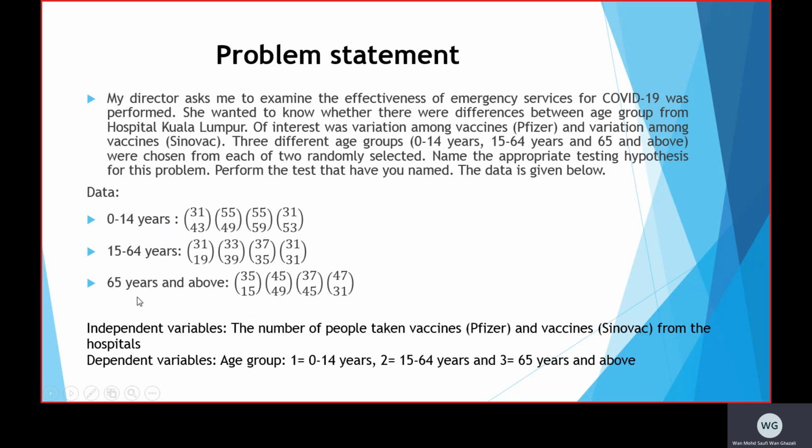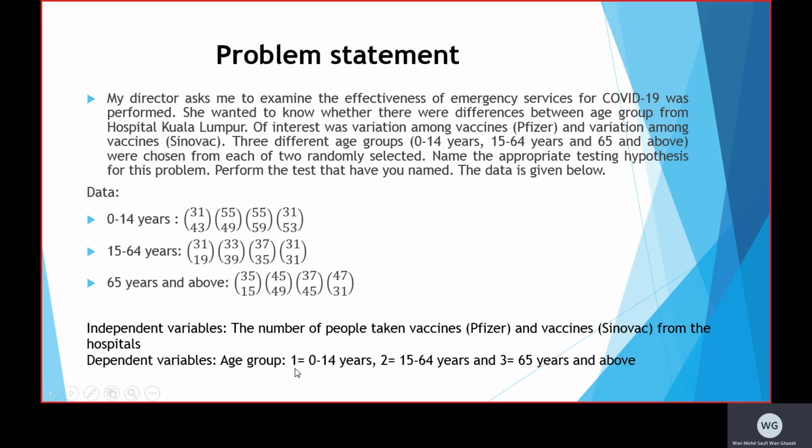There are 3 types of population, 3 types of age group: 0 to 14 years, 15 to 64 years, and 65 years and above. The higher one is vaccine Pfizer, and the lower one is vaccine Sinovac. Independent variables: the number of people taking vaccine Pfizer and vaccine Sinovac from the hospitals.